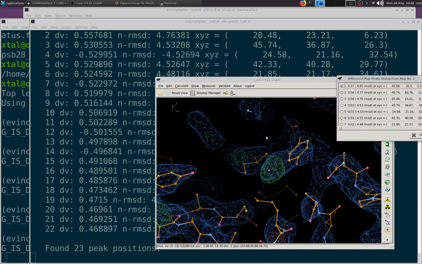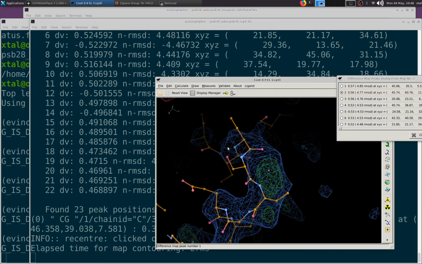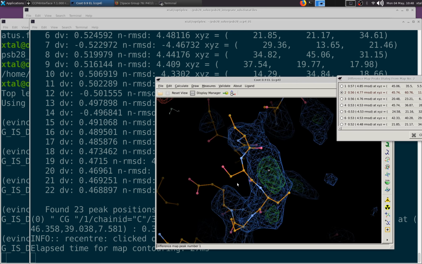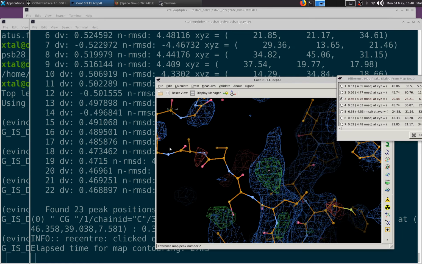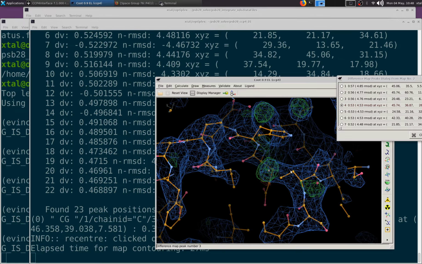Okay, so here possibly this tyrosine is in the wrong place. I think there's much worse things wrong with the structure than that tyrosine. This whole loop needs to be moved into the density. This loop, you can see it's in the wrong place. The density wants to go up through the middle here. This is a good sign.